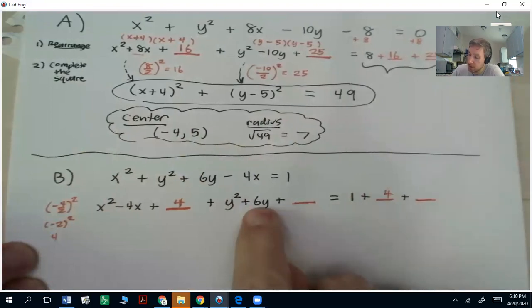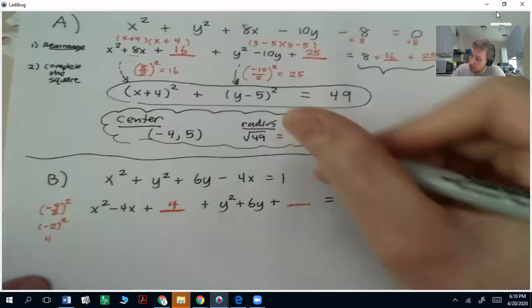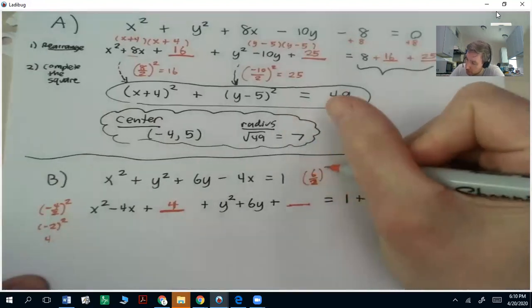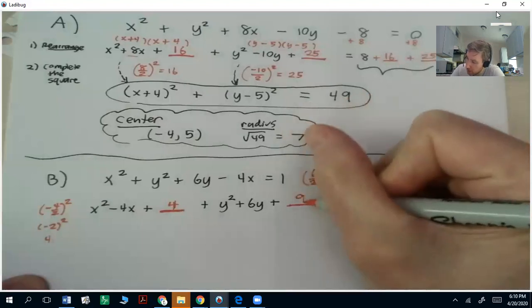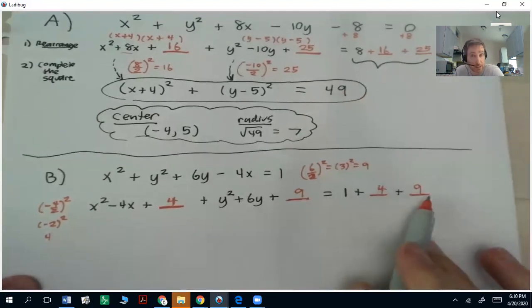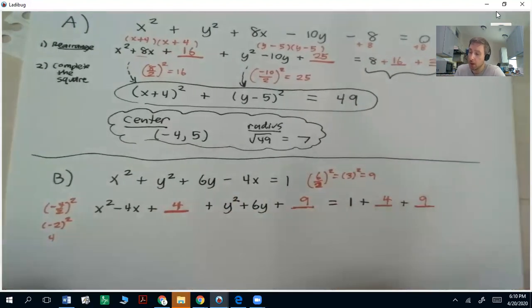Same thing with the 6. 6 divided by 2 is 3. 3 squared is 9. So we can do that just anywhere you have room. That's going to be there and there. So these will, again, always be positive numbers that you're throwing in there in addition to what's already there.